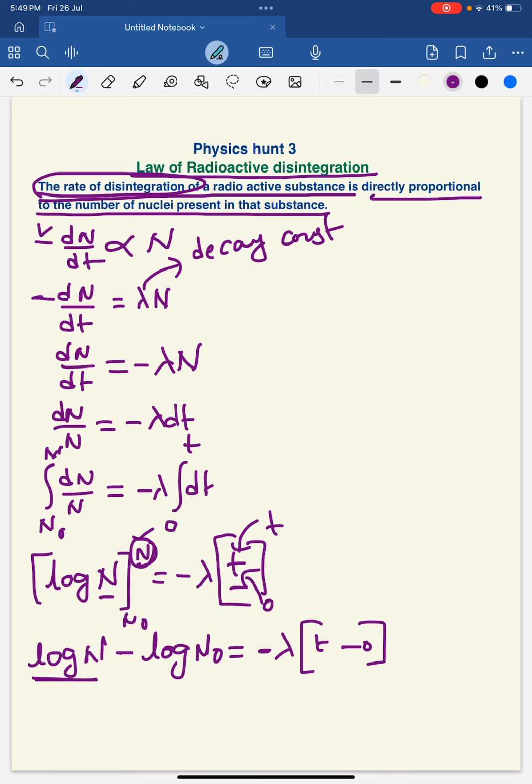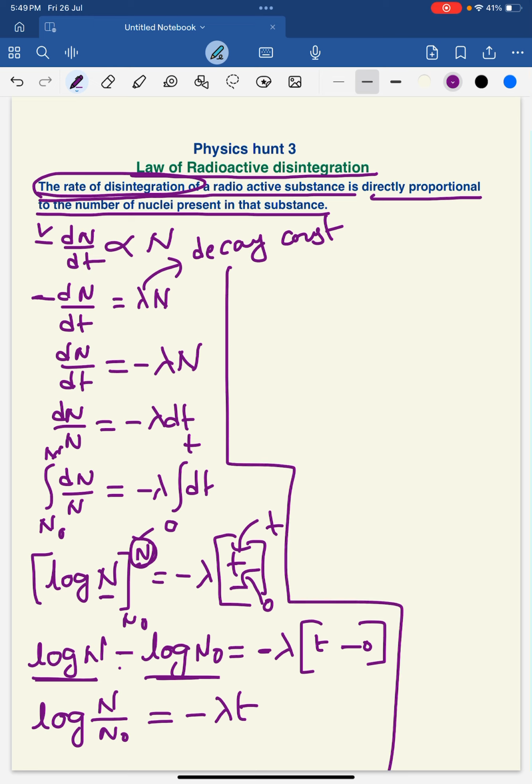This equation looks like log a minus log b, and we know that log a minus log b means log a by b. So instead of a we have N. So log N by N naught is equal to minus lambda into t minus 0, which means only t.